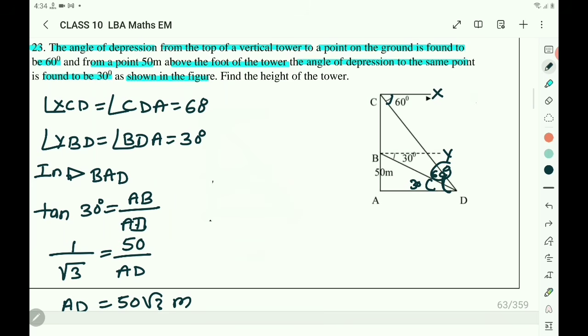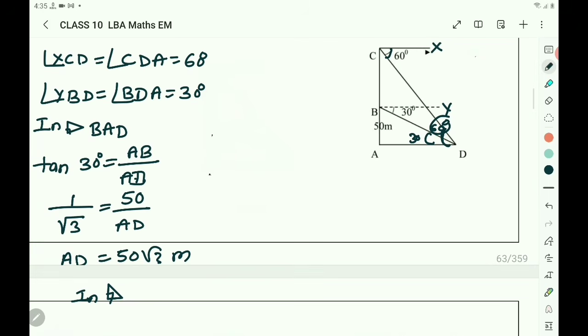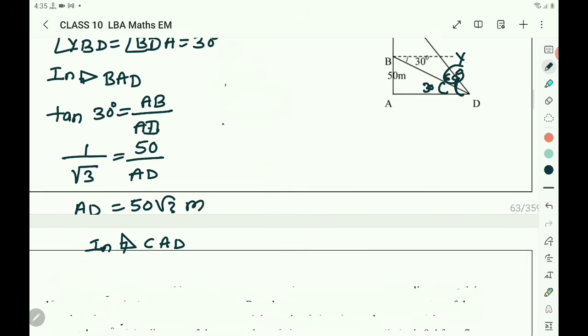Write the name of the triangle CAD. In the right angle triangle CAD, tan 60 degree.